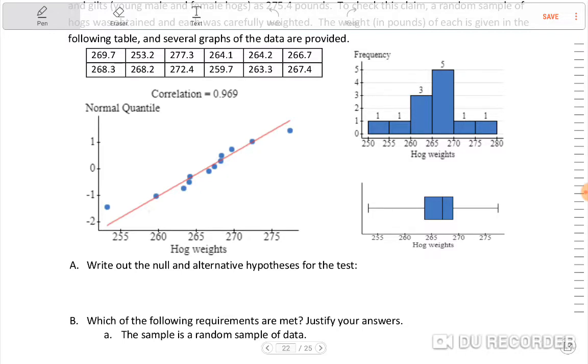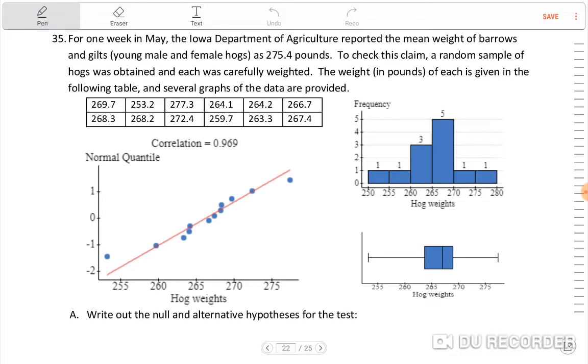Here we've got a normal probability plot, and it seems to be pretty linear, right? All those points are pretty close to that regression line. So I would say that everything is leading us to think that this is a kind of normal distribution here.